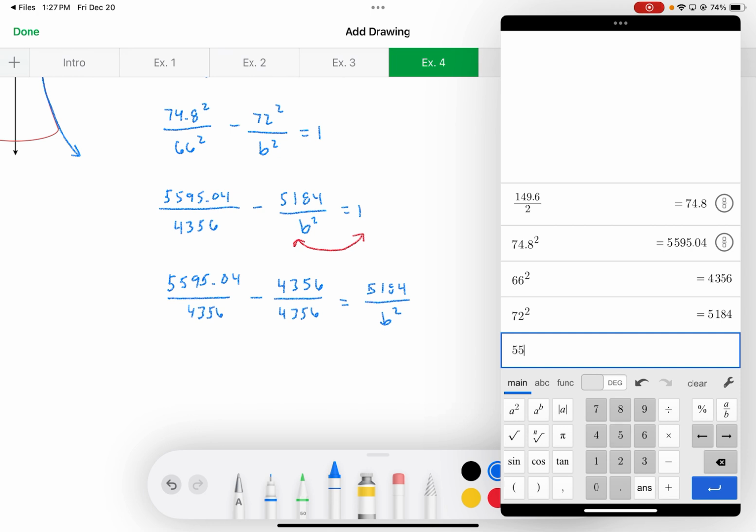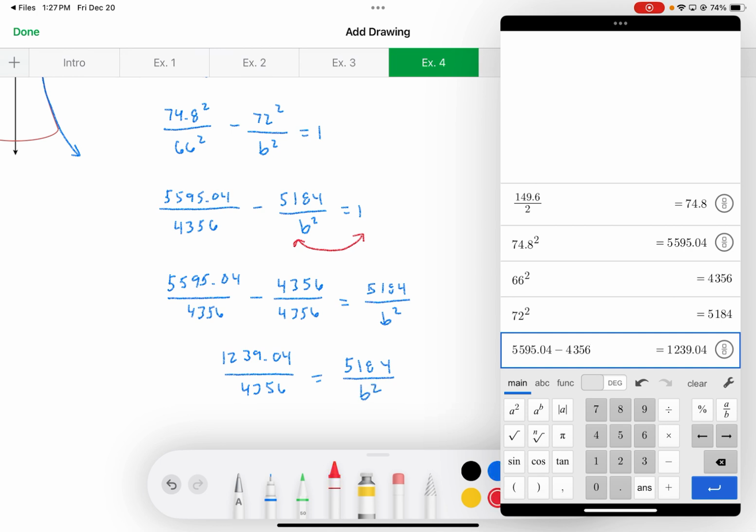Now I've got the common denominator on the right side that I can use to combine those fractions. That's going to give me 1,239.04 over 4,356 equals 5,184 over b squared.